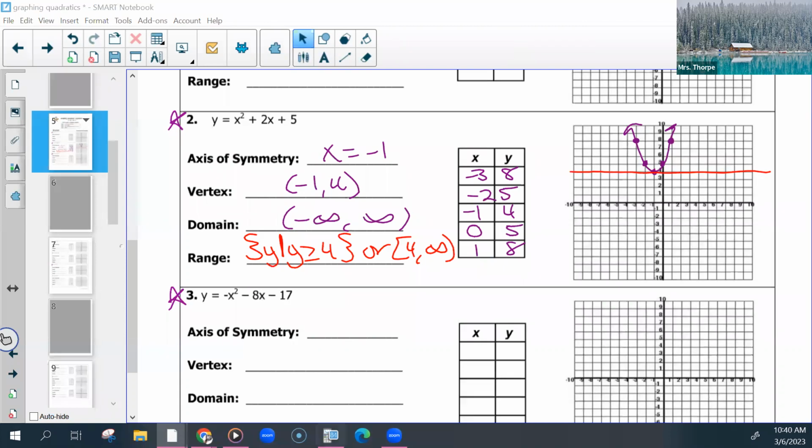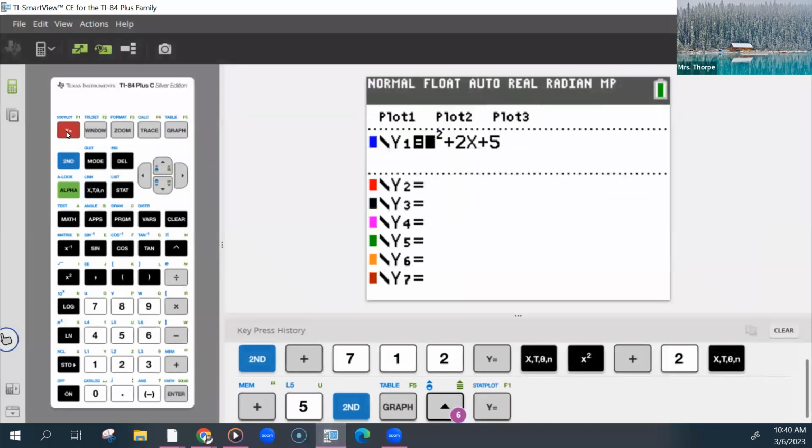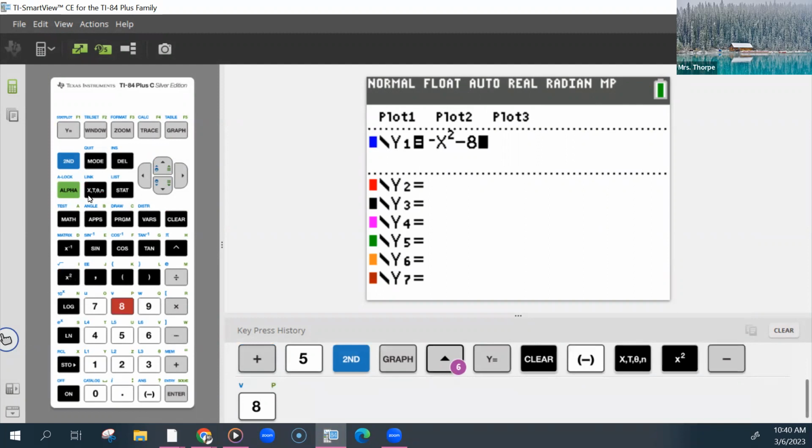Here's x squared minus 8x minus 7. And this one we're going to do on the graph. You can go ahead and graph it.